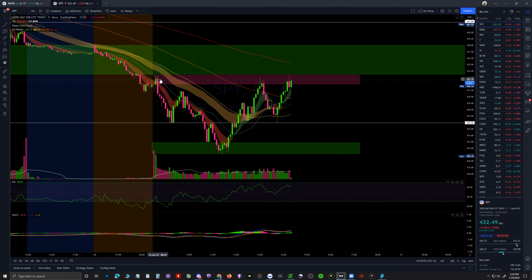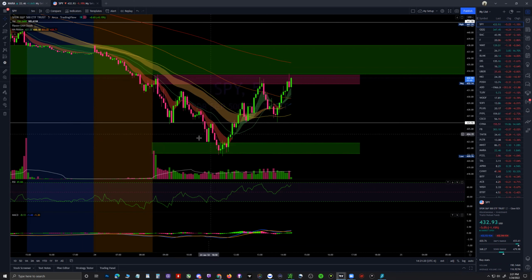What I saw right here was a price point where buyers and sellers, bears and bulls, both agreed on a price. They said, okay, this is the price that we don't want to see this get higher than. Once that price point was decided, it started coming down, had a little bounce, and then came all the way back down.